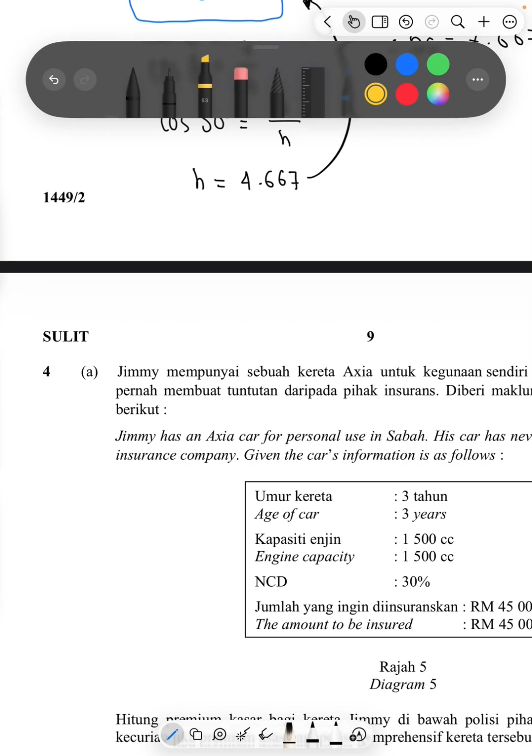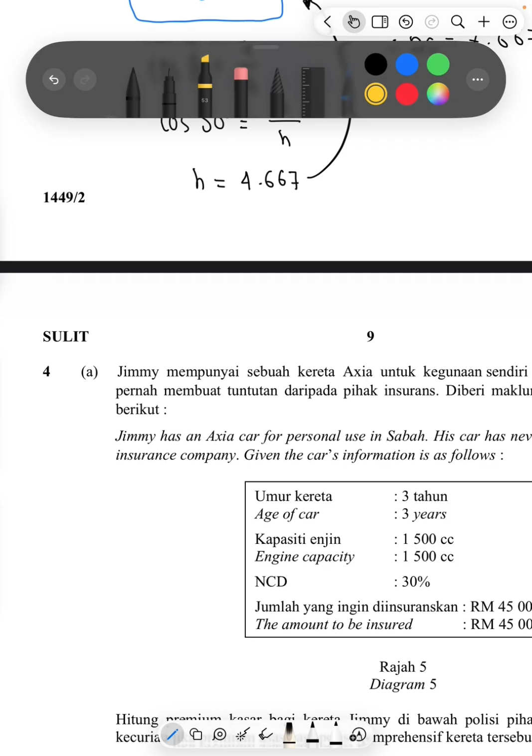It depends on where you live. And then basic premium is a sum of the first 1,000 and each 1,000 balance. NCD is 25% or 30% or whatever is given. And then gross premium is basically your basic premium minus the NCD.